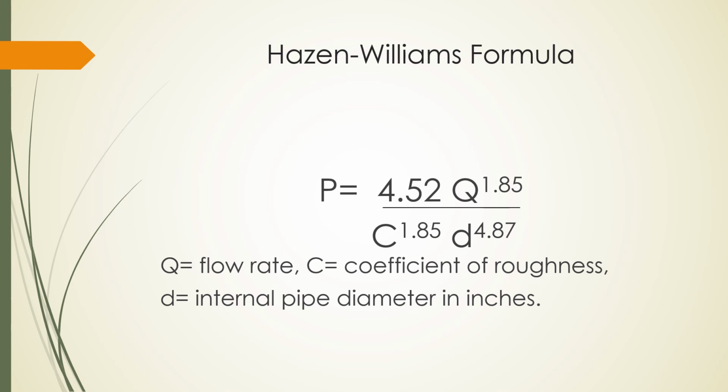The other thing is pipe size. Just to round it off, let's say it's diameter to the power of 5. If we had a diameter of 2 inches to the 5th power, that would be 32.